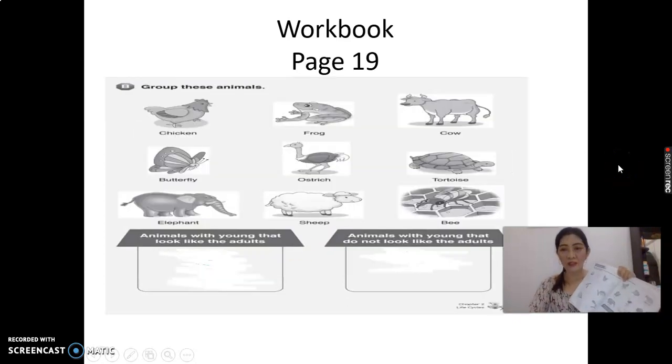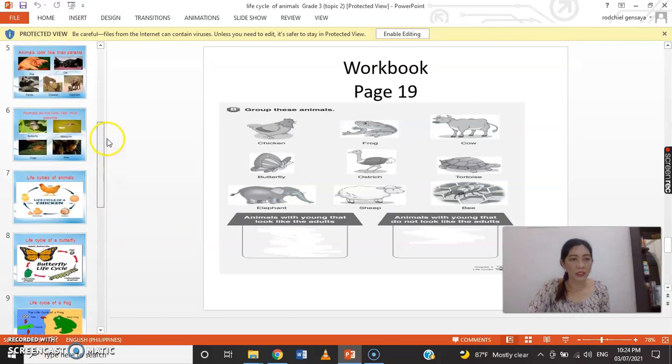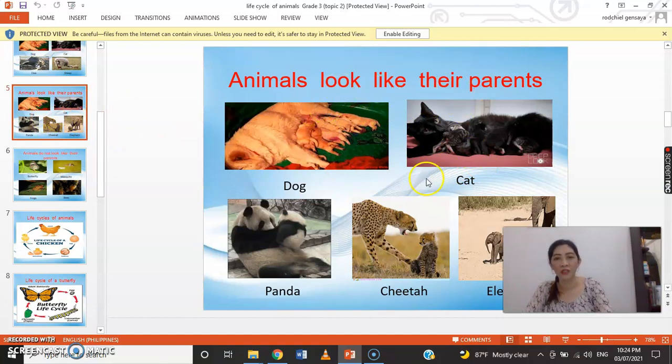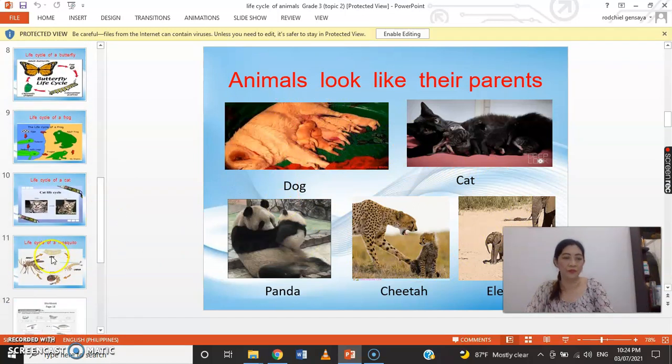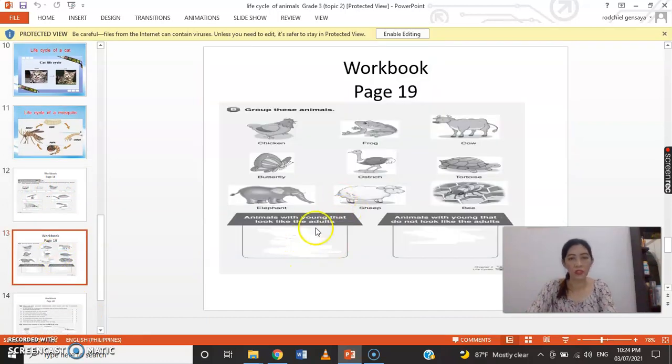The next is workbook page number 19. So you need to group these animals. Animals with young that look like their parents. This is the example of looks like. This animal looks like their parents. So these animals, write the looks like.